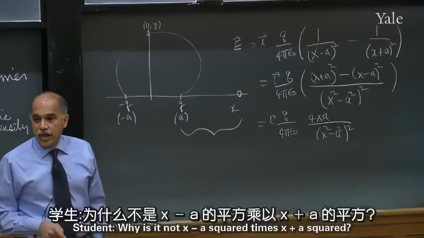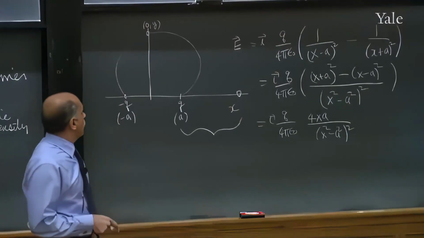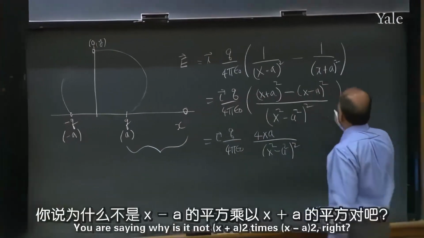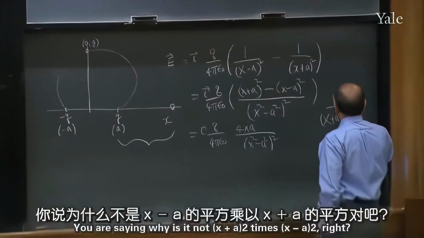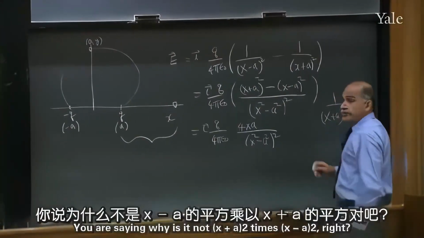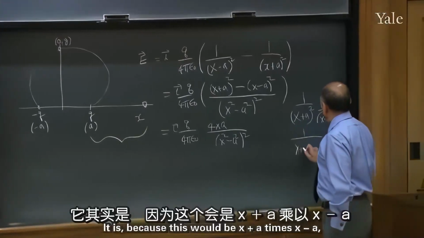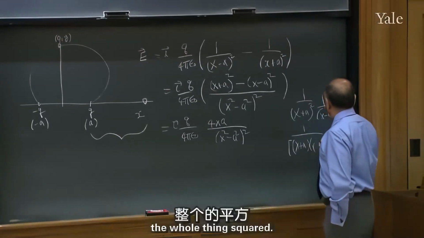Everything okay? Why is it not (x minus a) squared times (x plus a) squared? It is. You are saying, why is it not (x plus a) squared times (x minus a) squared? It is, because this would be (x plus a) times (x minus a), the whole thing squared.